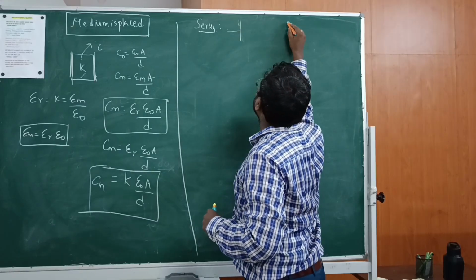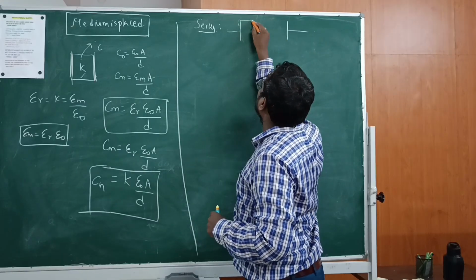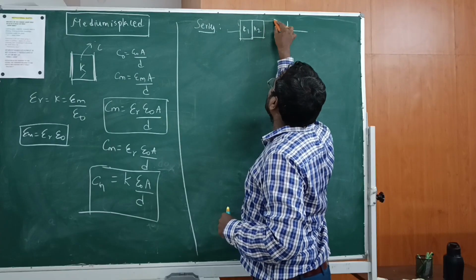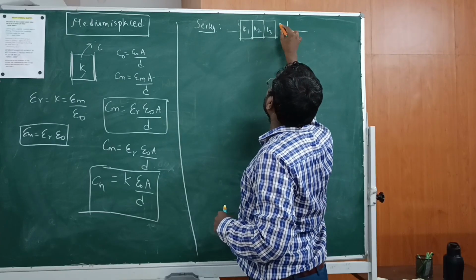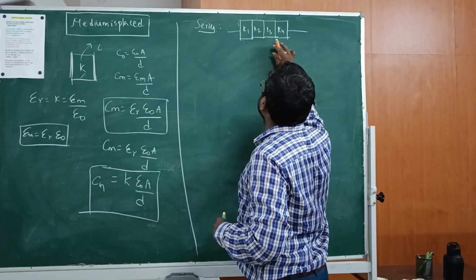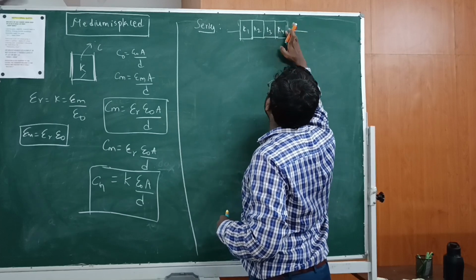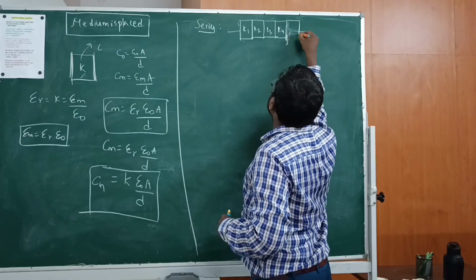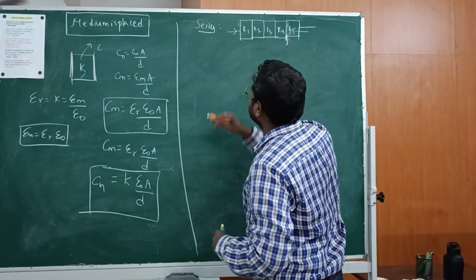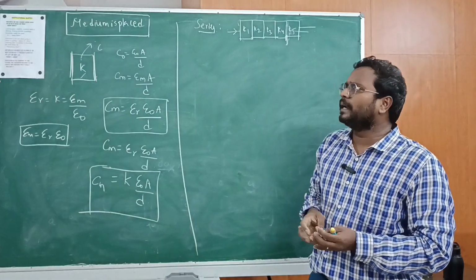Series means dielectric mediums are placed like this: K1, K2, K3 and K4 and so on. We can have infinite dielectric mediums. Let me take K4 and K5 as well. All these are similar to a series connection of parallel plate capacitors.